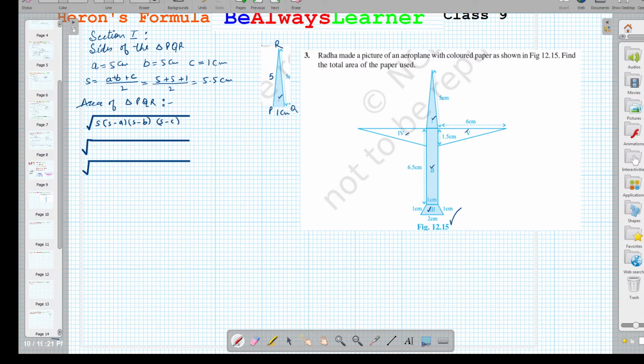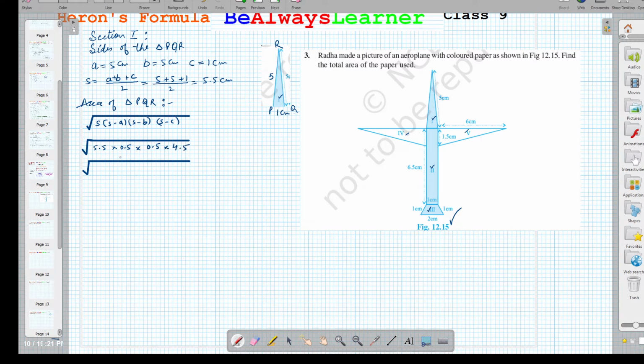The value of s is 5.5, multiplied by s minus a: 5.5 minus 5, so it will be 0.5. Again the other side is the same, 0.5. Now 5.5 minus 1 is 4.5.